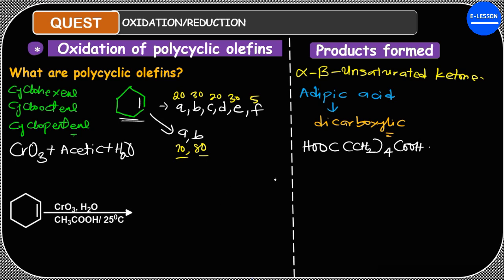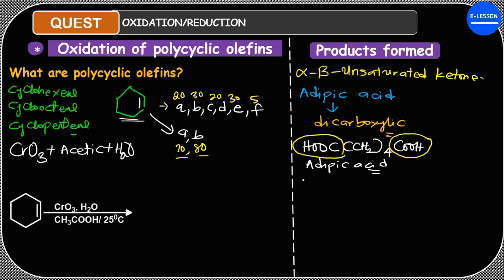This is adipic acid, and this is the general formula. Like I said, it is a dicarboxylic acid. The reason why I said it is dicarboxylic is because it contains one carboxylic acid group here, and another carboxylic acid group here. So how many carboxylic acid groups are present here? Of course, we have 2 carboxylic acid groups present here.